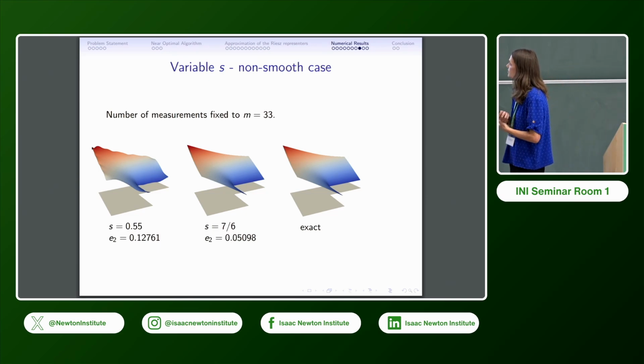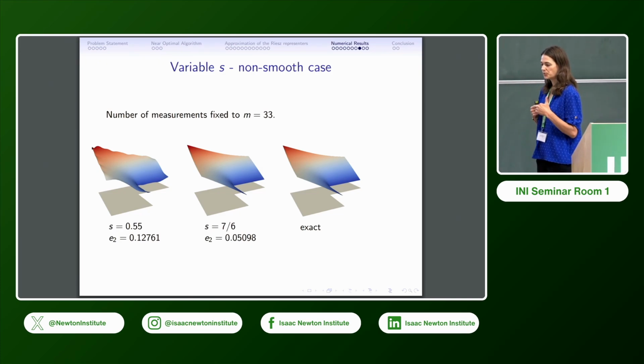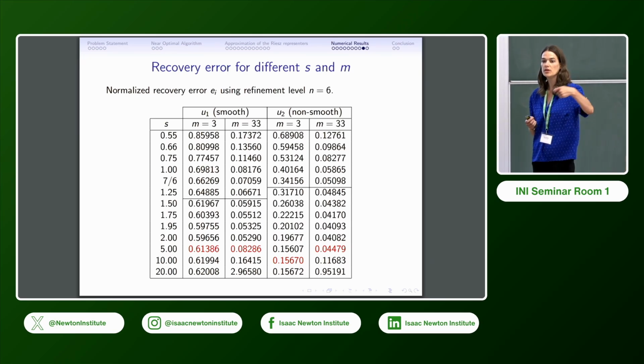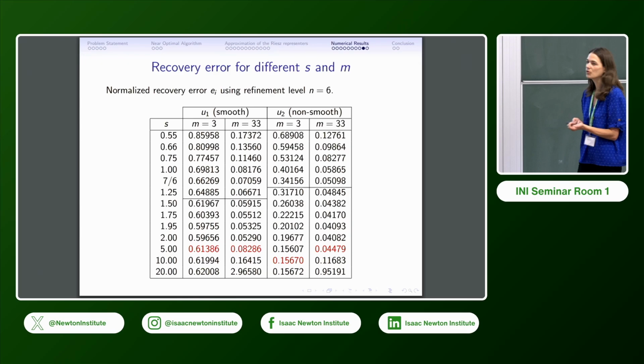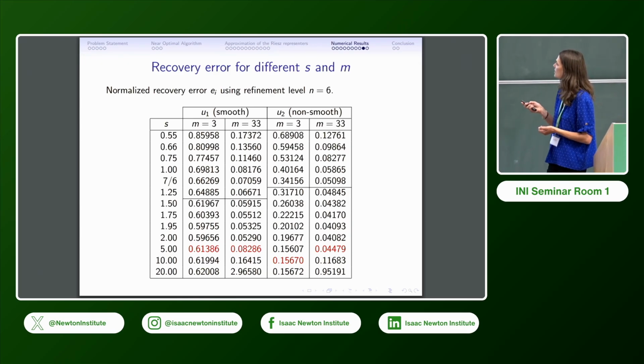One last thing I would like to mention is that we are limited by the value of S. That's something that we have to provide to the algorithm and not something that we necessarily know. What we played with is what happens if we increase S and go beyond the one that we're supposed to use. S cannot go beyond 3/2, so 1.5, in the smooth case, and in the non-smooth case it is 7/6.